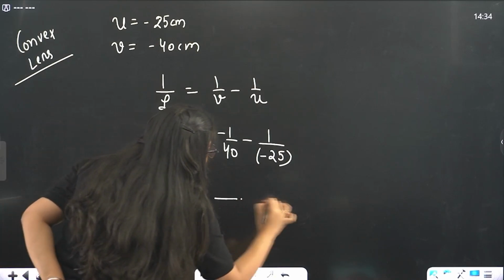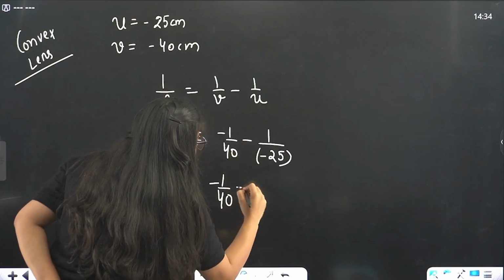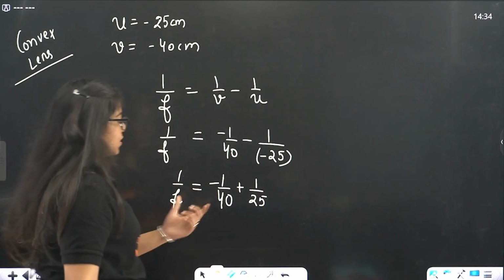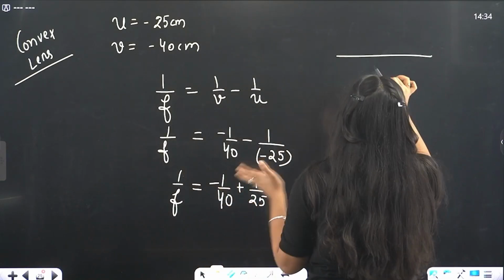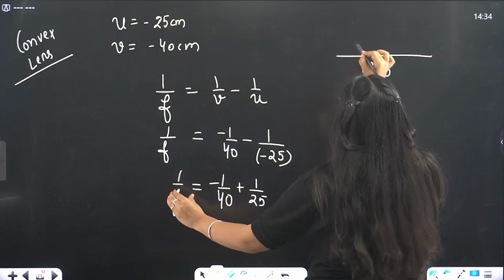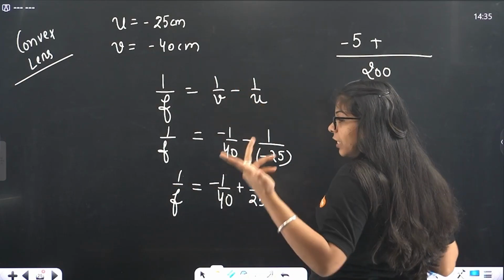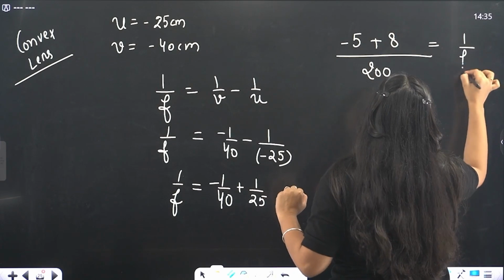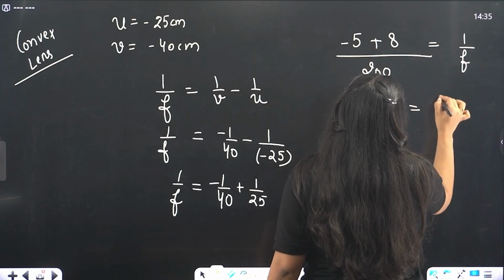If I take the LCM, possibly the LCM will be 200. 40 into 5 will be 200, so this will be minus 5, plus 25 into 8 will be 200, so plus 8. So this will be 3 by 200 equals 1 by F.